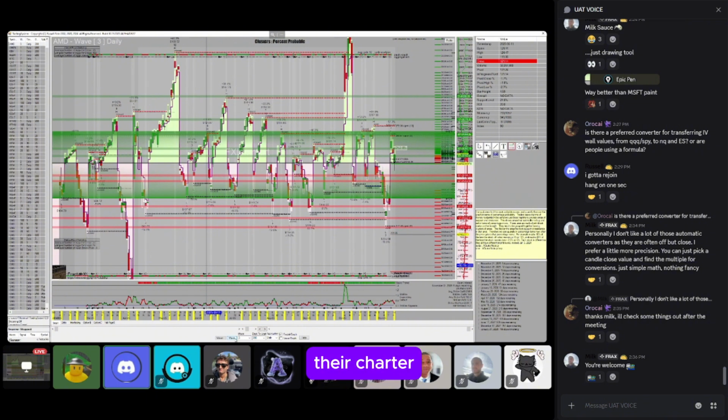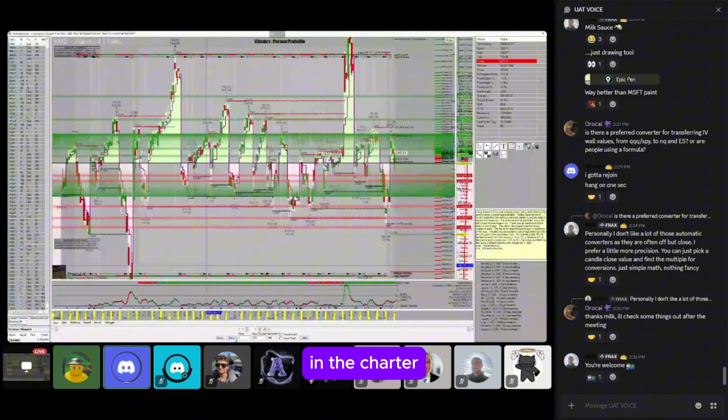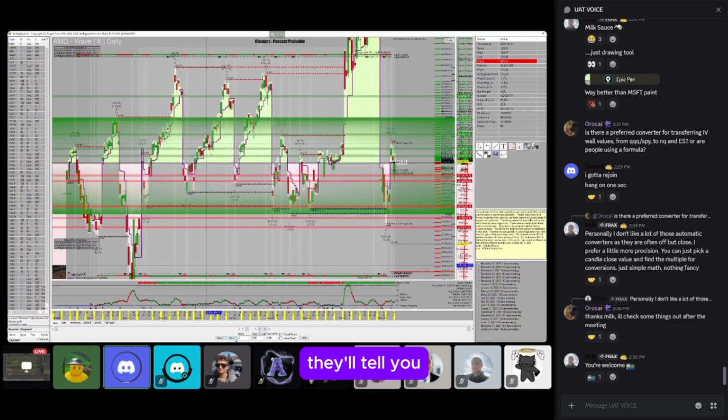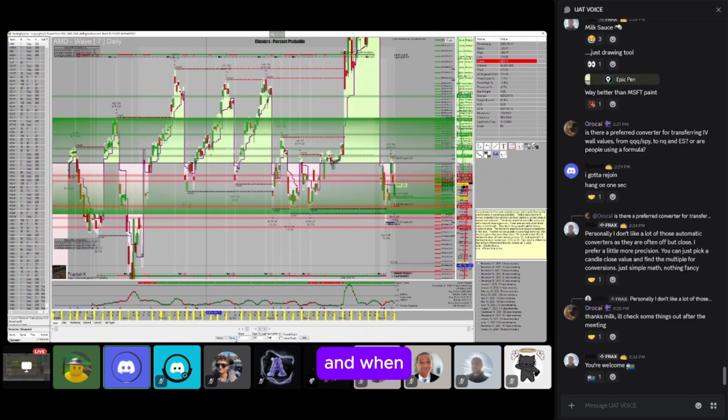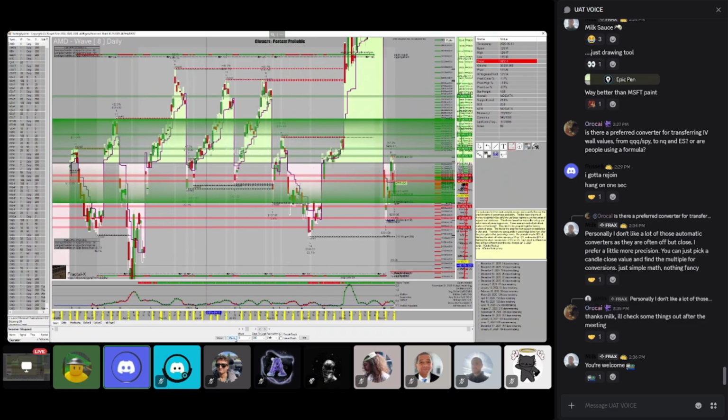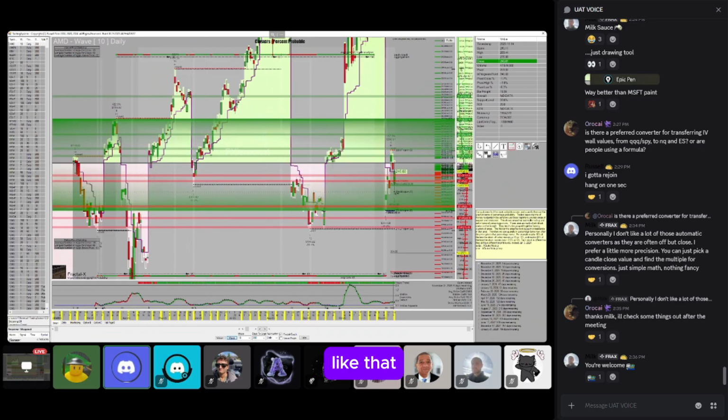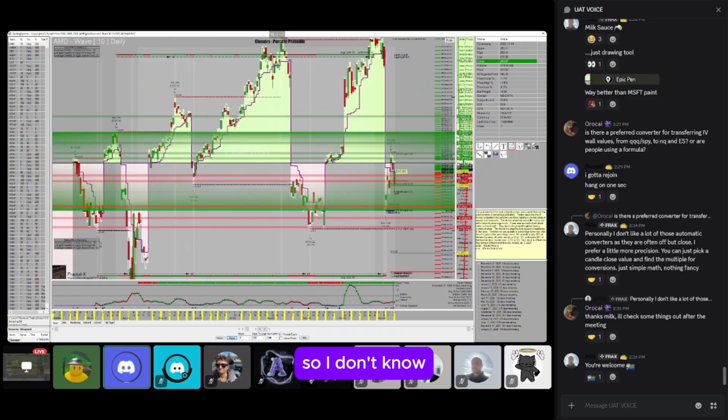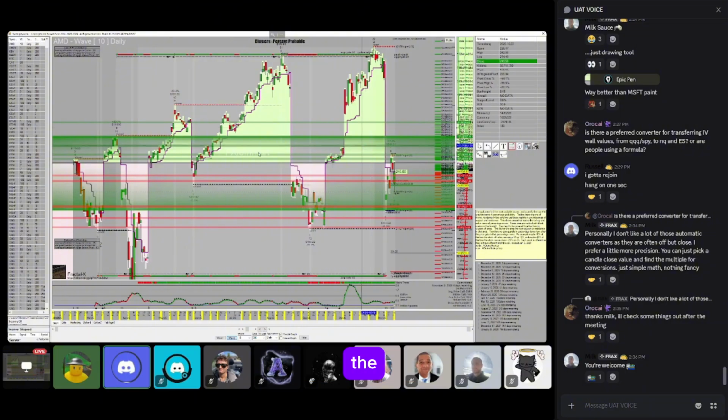Yeah, it depends on their charter. You can go out and find the charters of the institutions, and they'll tell you what they have to do, like the investment, and when they try to recalibrate. As for the end of year, since the 80s it kind of varies.